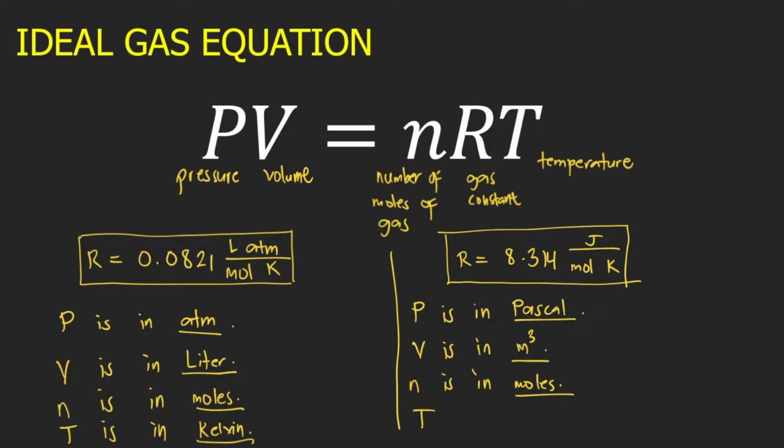And your temperature is in Kelvin. You should not interchange the units. The units must be strictly followed if you are using R equals 0.0821 or R equals 8.314. Otherwise, you will get an incorrect answer.